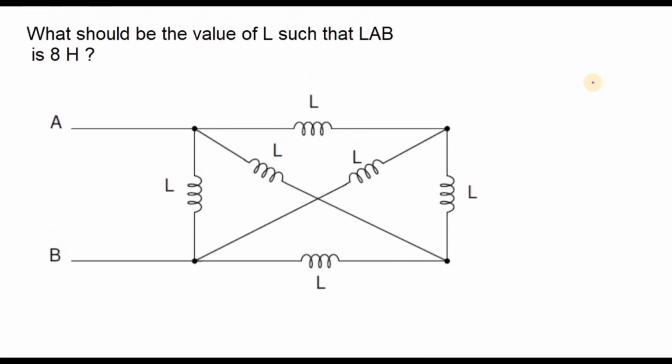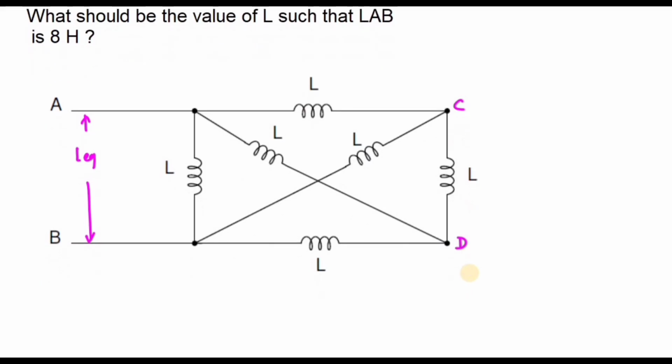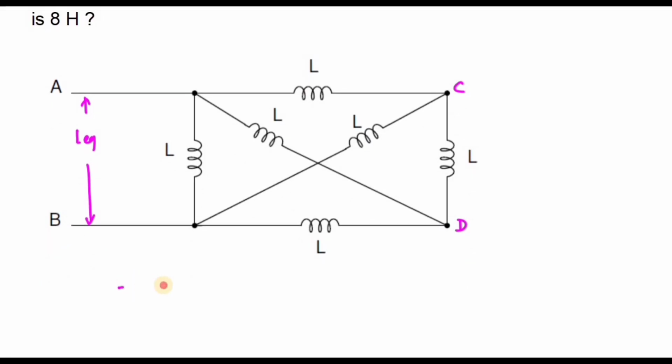So let us discuss the next problem. What should be the value of L such that L_AB is 8 henry? So let us start from A, and from A to C I have L, and from C to D I have one inductance, and from D to B I have another inductance.